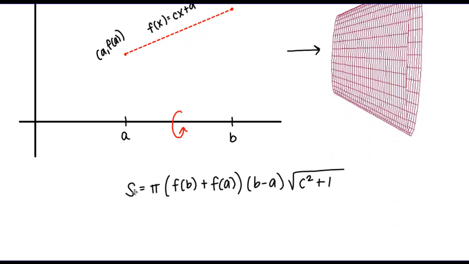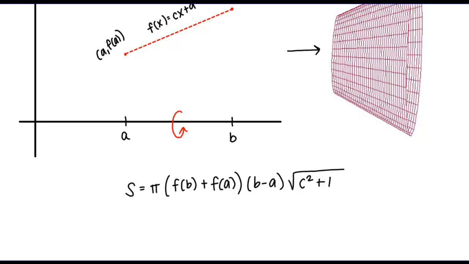The surface area equals pi times a quantity f of b plus f of a times a quantity b minus a times the square root of c squared plus 1, and here c refers to the slope of this line. And you just saw, hopefully, in the previous video how this was derived.